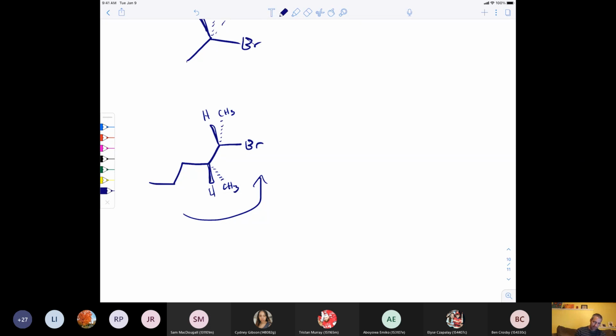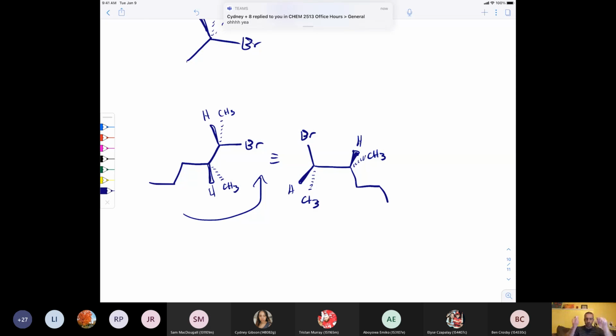So I'm not rotating anything here. I'm just flipping the molecule over. So I'm going to redraw it just like this. CH3 and does that make it simpler to visualize? These are the same thing. I didn't rotate anything. It's just the same molecule. It's like I took the piece of paper and just turned it.